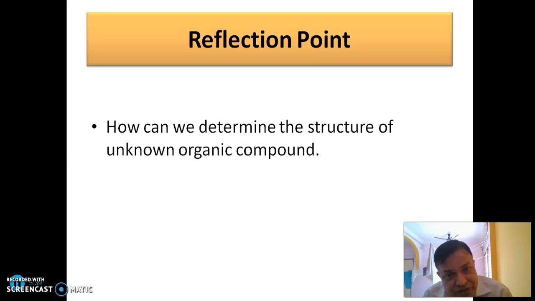Now, dear student, think: how can we determine the structure of an unknown organic compound? Earlier in this lecture I told you how we determine the structure by using different radiation sources.